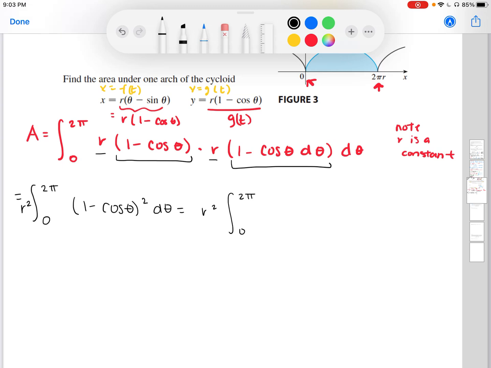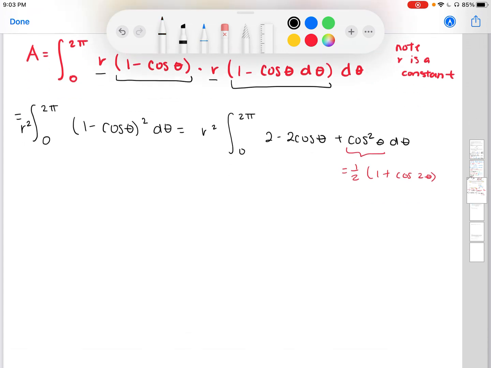Let's expand. So we have 1 minus 2 cosine of theta plus cosine squared of theta d theta. Now from here, we're going to use the power reduction rule we learned back in chapter 7. We can replace cosine squared with 1/2 times 1 plus cosine of 2 theta.